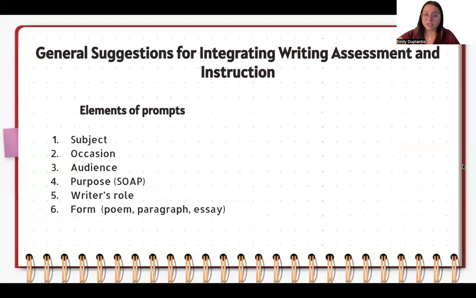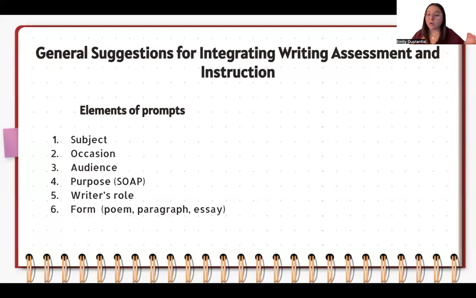More general suggestions here. Elements of prompts. So students in the prompt need to be given this information. What is the subject? What is the occasion, the audience, the purpose? That has an acronym and it's SOAP. So students need to know the SOAP, their role as the writer, and then the form.